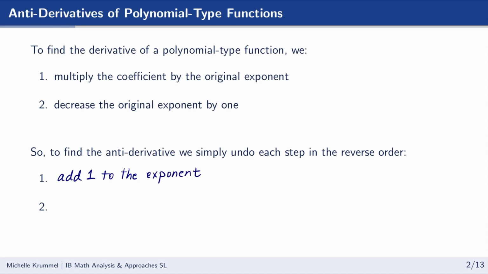And then to undo multiplying the coefficient by the original exponent, we are going to divide by the new exponent. And we'll see how that works with an equation in just a moment. Okay, so we're undoing those steps. We're going to add 1 to the exponent, and then we are going to divide by the new exponent.